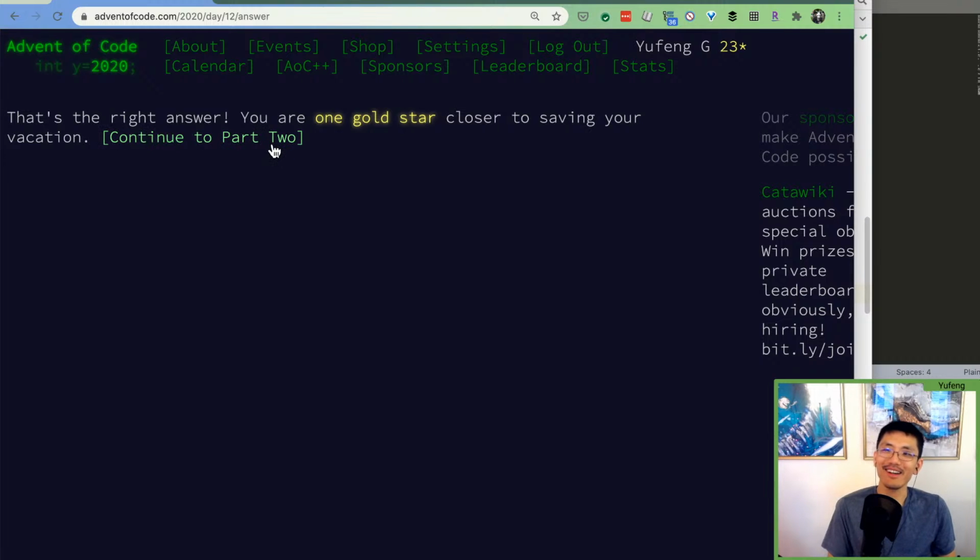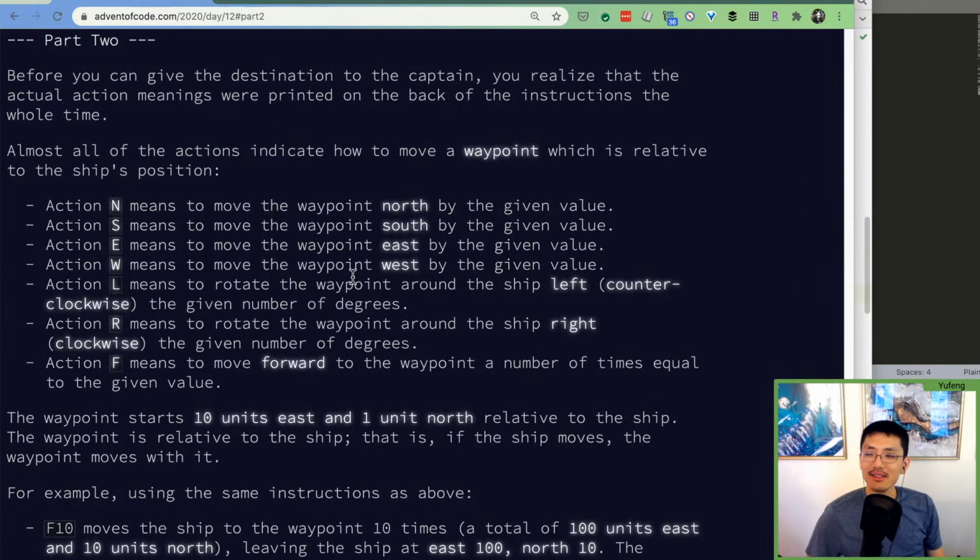Yes. All right. Now, before you can give the destination to the captain, you realize that the whole action meanings were printed on the back of the instructions the whole time. Almost all the actions indicate how to move to a waypoint relative to the position. What?